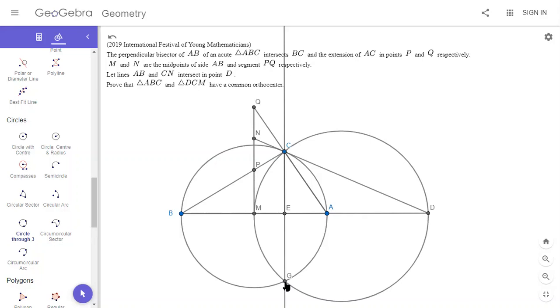Now I'm confused. Hold on a sec. I think assuming H to be the orthocenter of ABC, I can conclude that triangle ABH is similar to triangle PQC. So all I have to show, I'm sorry, I'm just thinking something different, is that these two circles, if they intersect at G, then CG is perpendicular to AB. Doesn't that seem like it should be easy to prove?